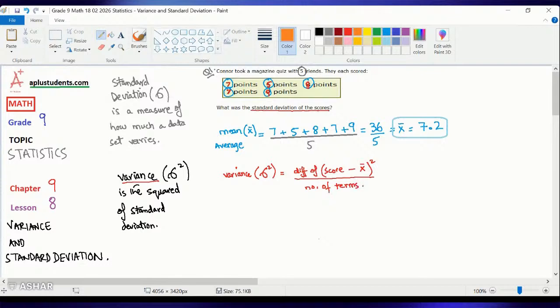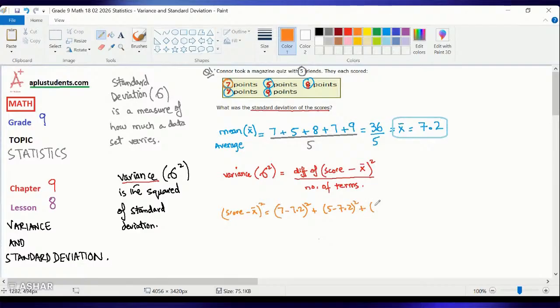So if we have to find the score minus mean squared, the first score was 7 minus 7.2 squared, plus 5 minus 7.2 squared. We need to do it for all the scores.